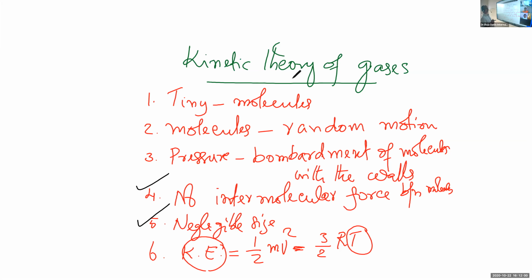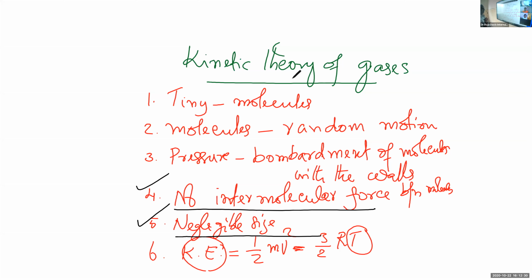Then the size of the gas molecules is negligible. These two assumptions are wrong. So due to these two wrong assumptions of the kinetic theory of gases, the real gases deviate from the ideal behavior.